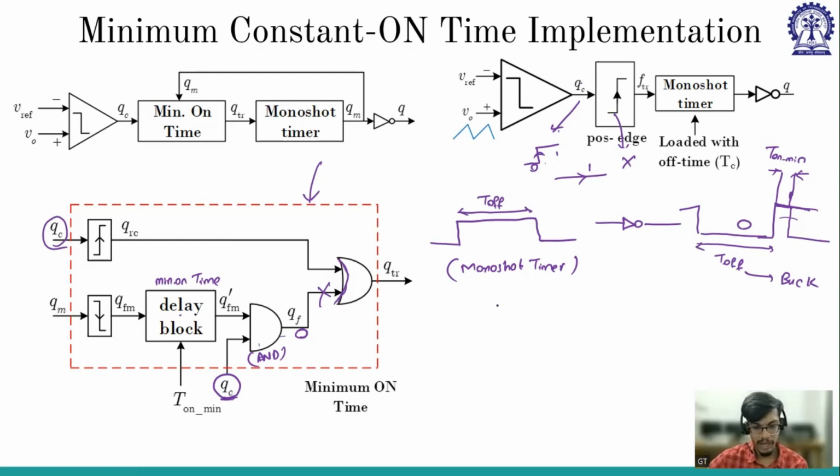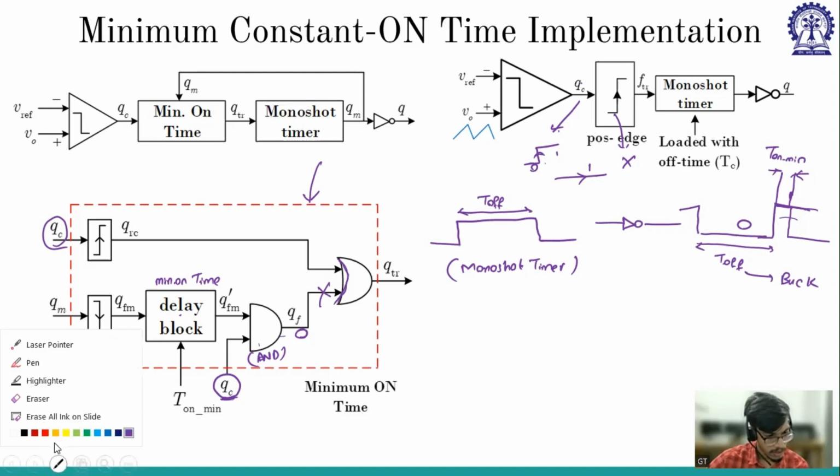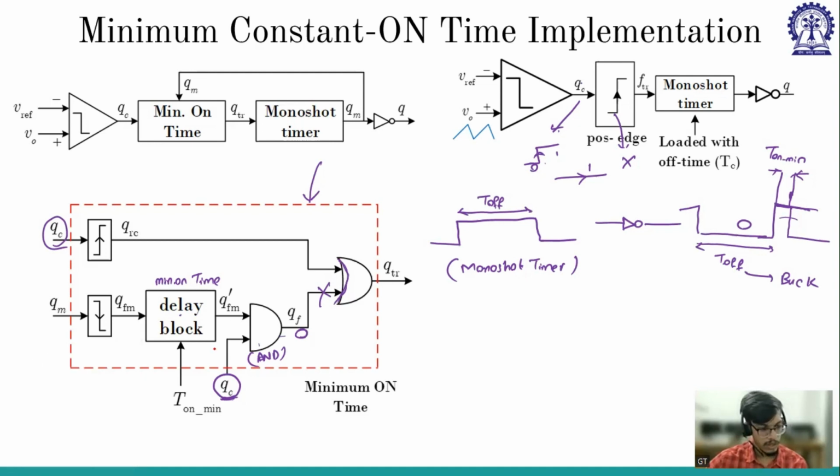So what exactly are we doing? Let me change the color. This is QM, the output of the monoshot timer. We are detecting the falling edge of QM, and this is actually a monoshot timer.